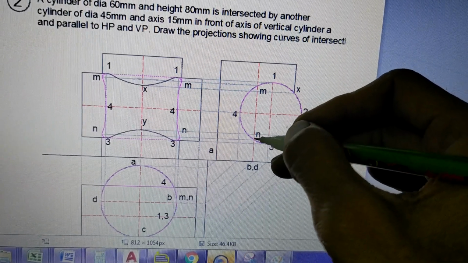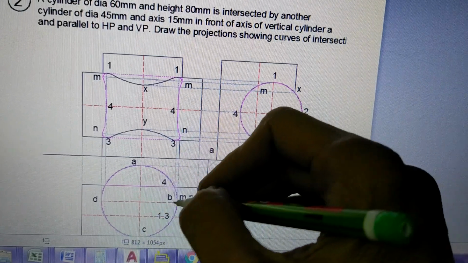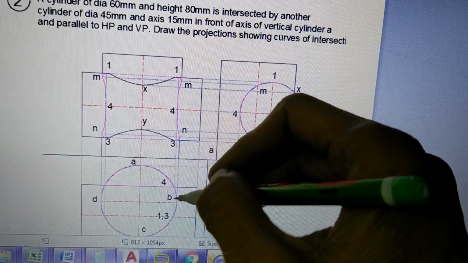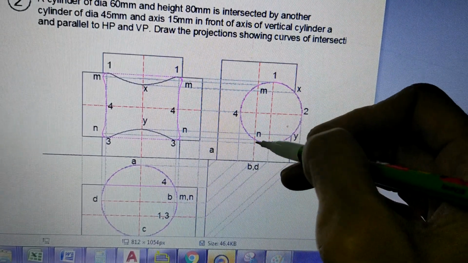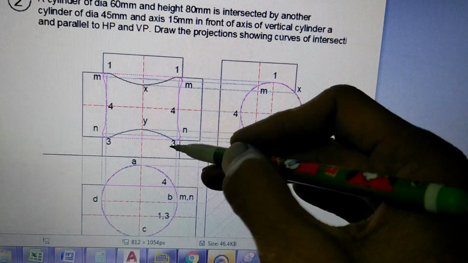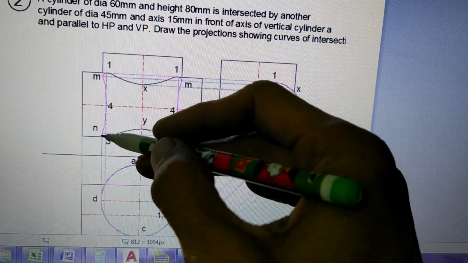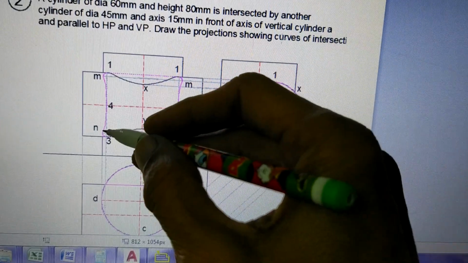So point N is a changeover point. So N is on which line? BD. So you can see B and D is here. So on this D and on this B, when you project, this is going to be point N. So this N is here and N is here. So 3 to N, and then N to 4.